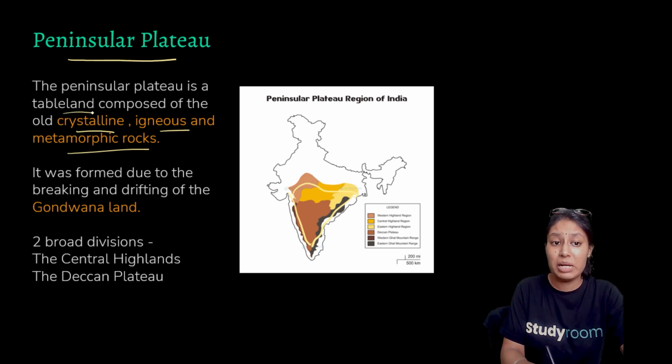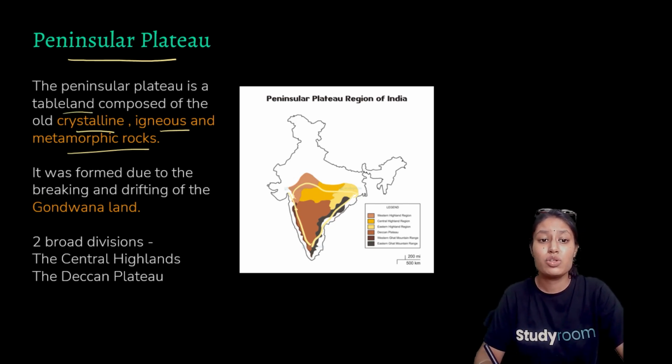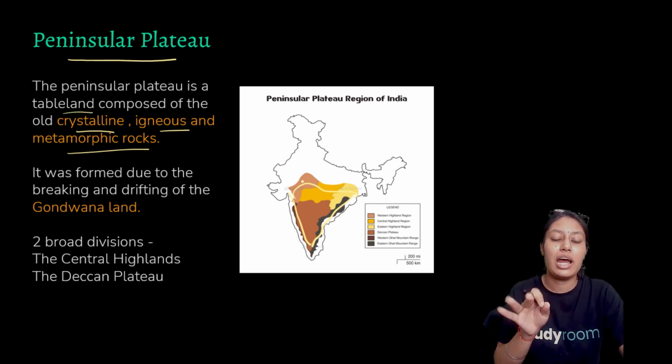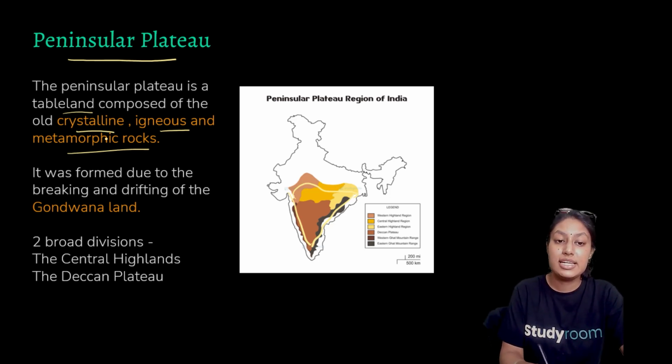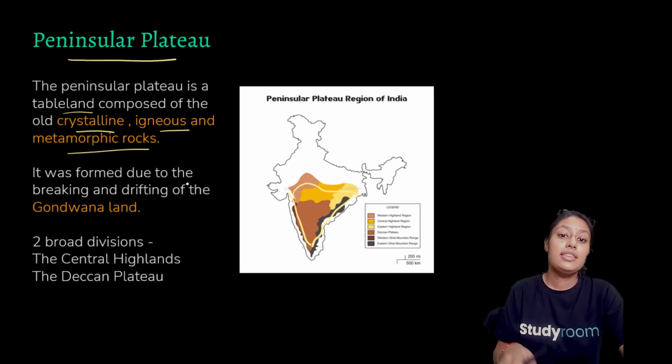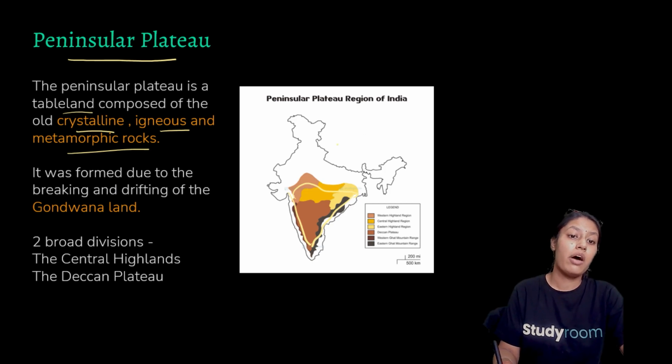It is called tableland because it is composed of these three different kinds of old rocks. And this was formed due to breaking and drifting of Gondwana land.